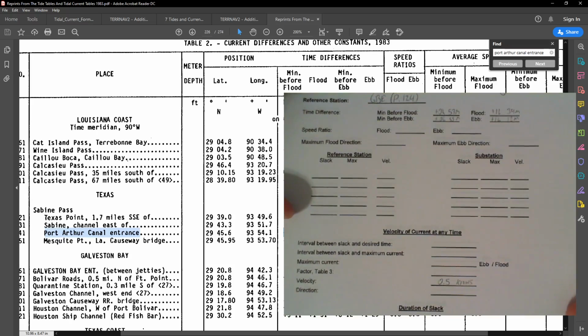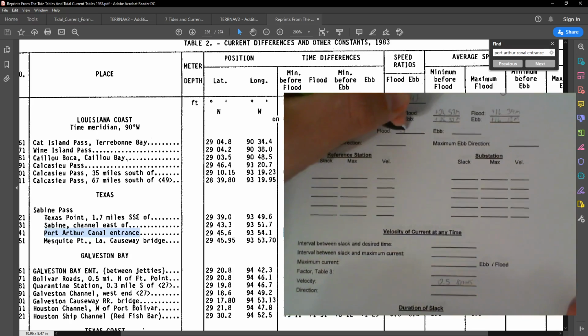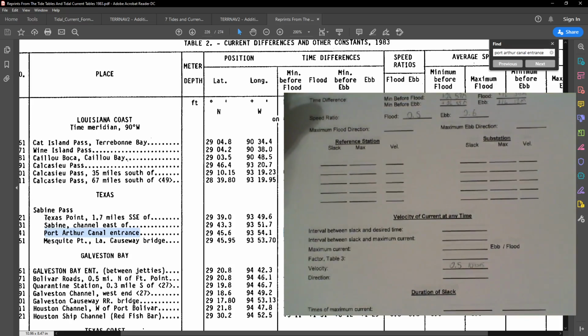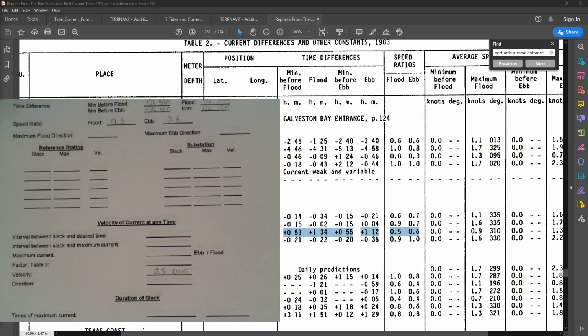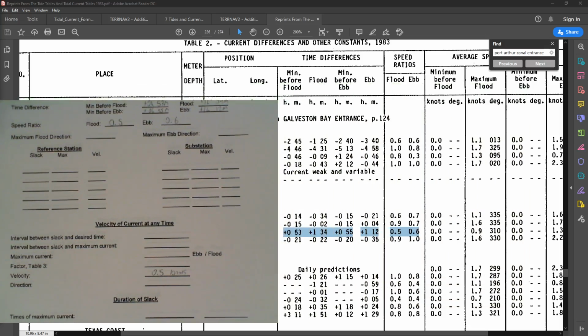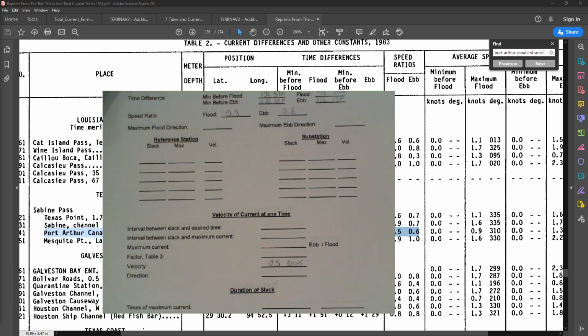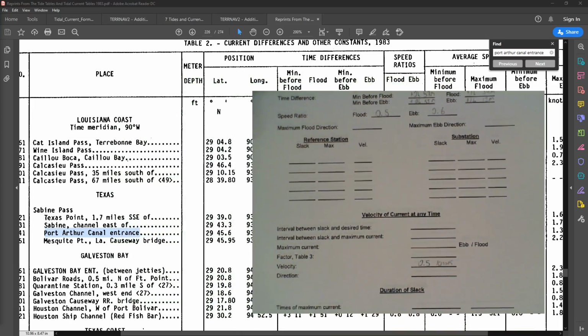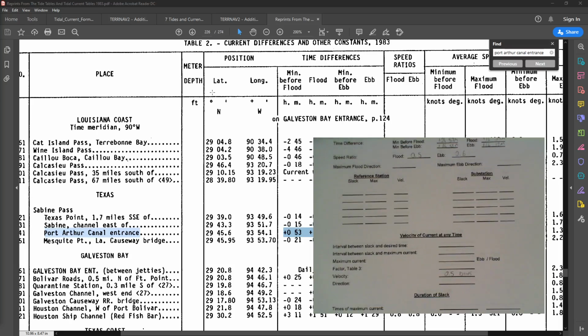And our speed ratios are 0.5 and 0.6 for ebb. Now for the two US Coast Guard problems, you do not need the flood direction, and you can't really see that, but I just zoomed that over to show that these were the numbers that I'm copying from on page 226 of the PDF. Alrighty, now that we have our reference station, let's go to that.